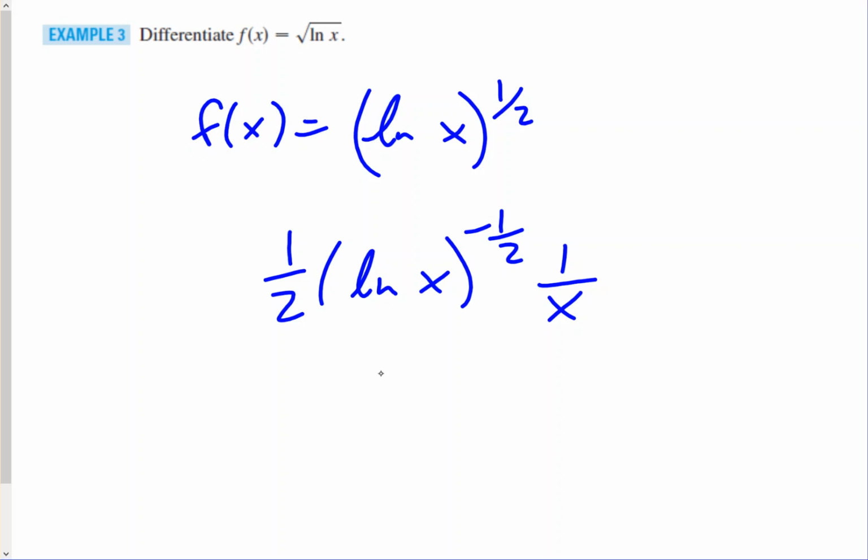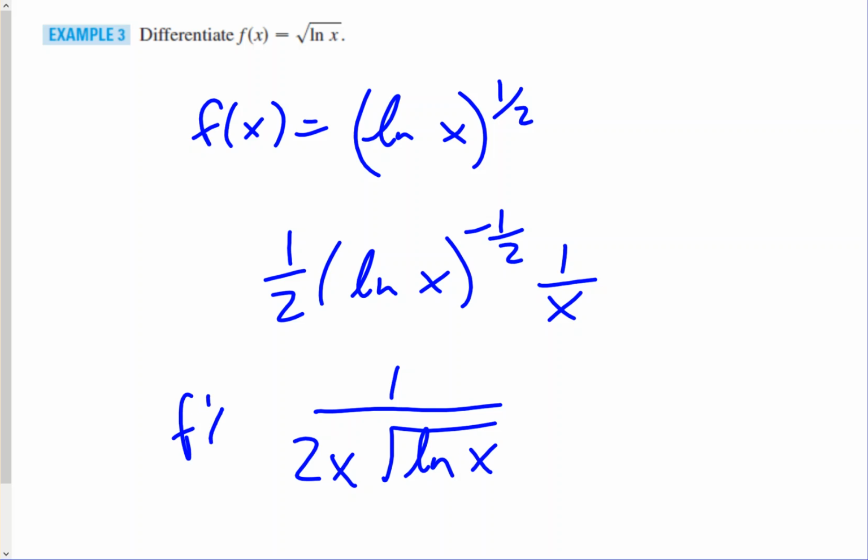We would have the ln x goes to the bottom. We already have a 2 on the bottom. We have an x on the bottom. And then the ln x would be in a square root. So the derivative would be 1 over 2x times the square root of natural log x.